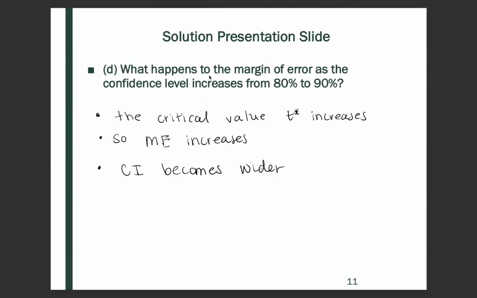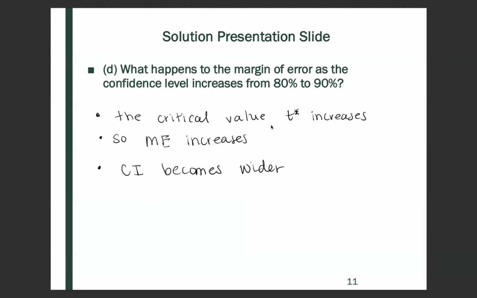And so what happened to the margin of error as the confidence level increased from 80 to 90%? So when that increased, our critical t star value increased.